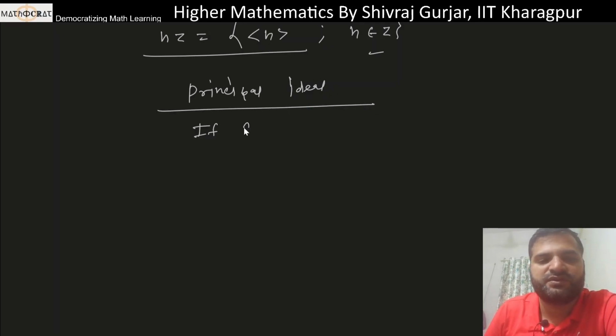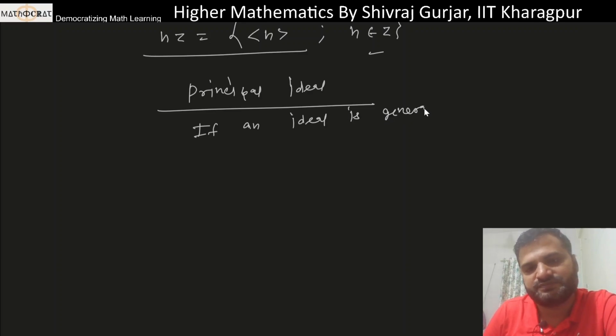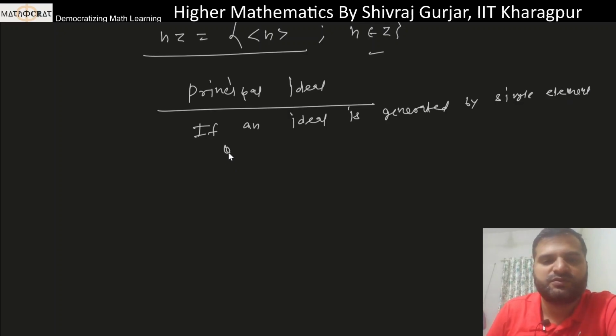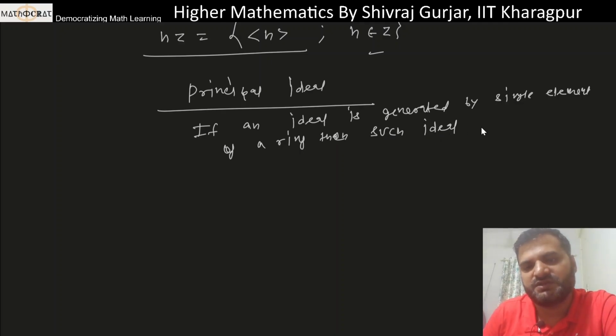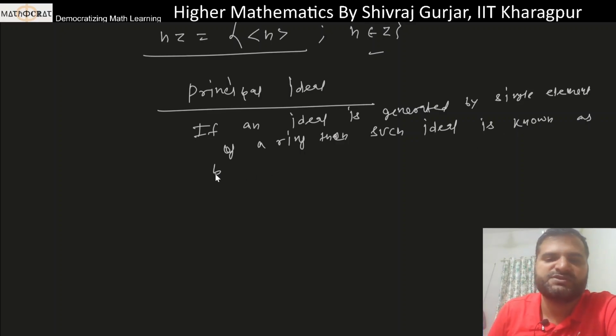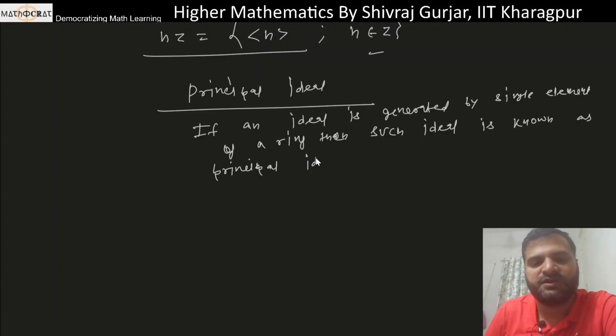If an ideal is generated by a single element of a ring, then such an ideal is known as a principal ideal of that ring.